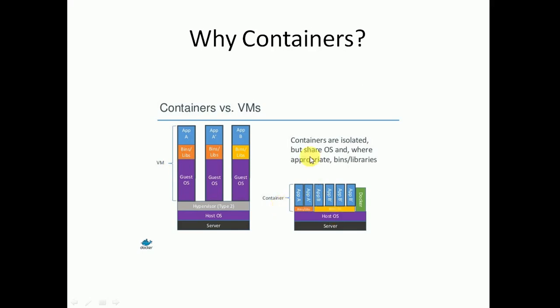Now in the containerized architecture you can see there is hardware, on top of that a host OS, and Docker is installed on top of this host OS, and it gives the bins and libs for running an application. So an application is packaged inside a thing called a container, and that container has just enough OS, which means the binaries and libraries, to run the particular application.